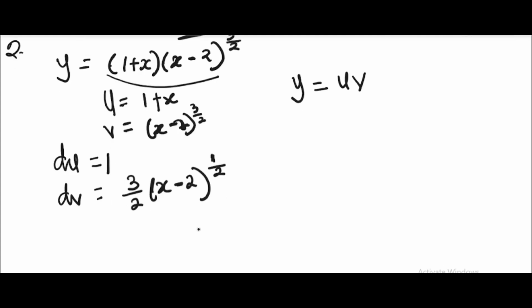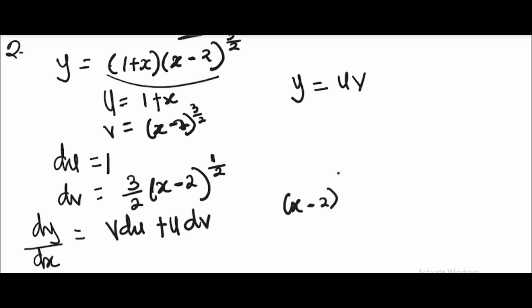Good. Now I have my dv to be this, then I have my dy/dx equal to v du plus u dv. So what's my v? My v is x minus 2 raised to the power of 3 over 2, times what's my du?